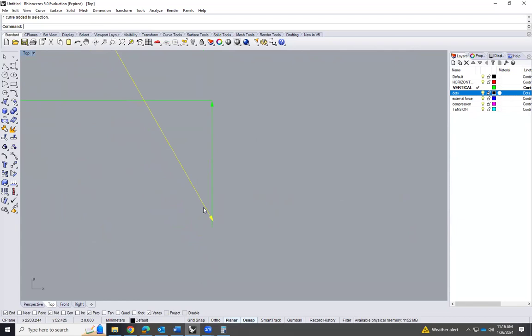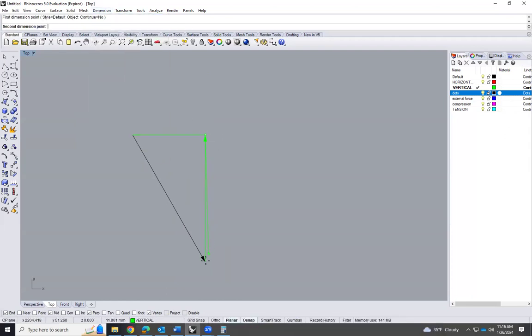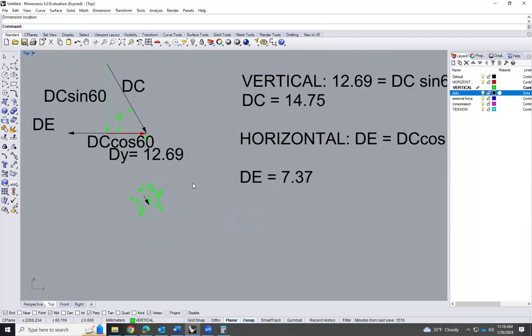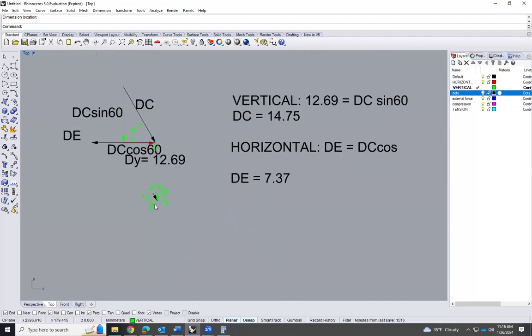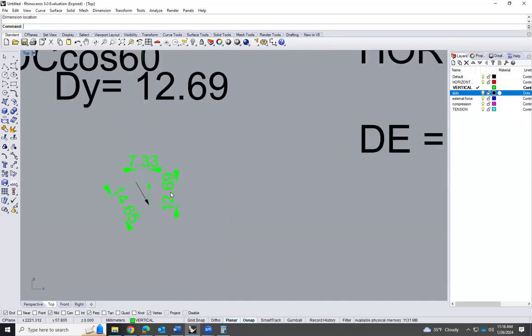Look. Now I trim this. And if I take dimensions of this dimension line, this is dy 12.69. This is 7.33. And this is 14.65. Okay, so it's 14.75, here it's 6.5, kind of, and this is 7.3. This is 12.69.